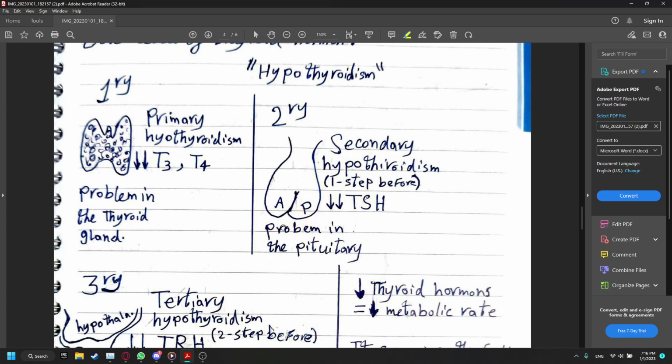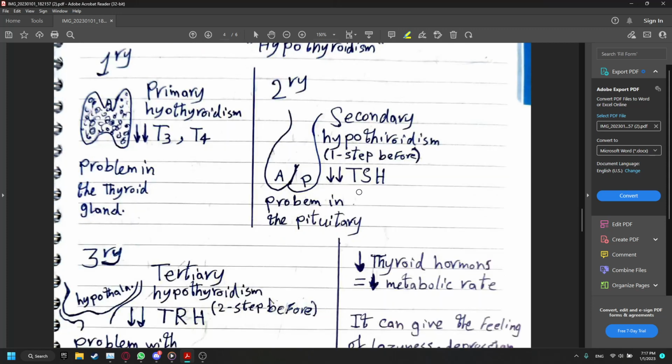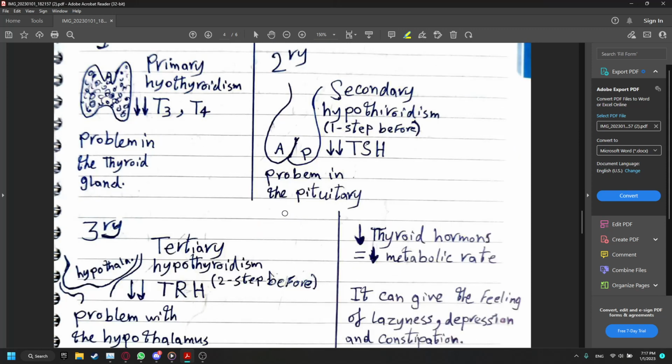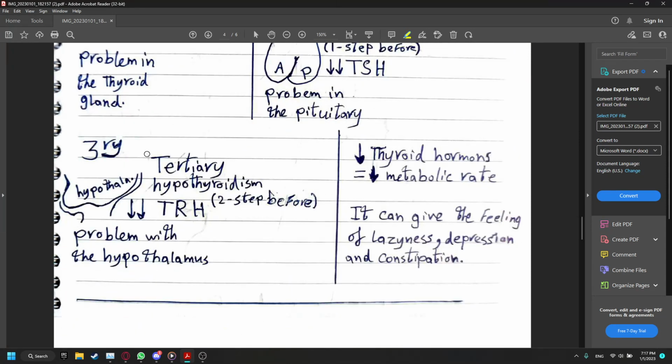Maybe it has some sort of adenoma, or even rarely carcinoma, right? It could be anything. It's mainly a problem in the anterior pituitary gland, which means low levels of TSH. TSH is the one that activates the thyroid gland to produce thyroid hormones.